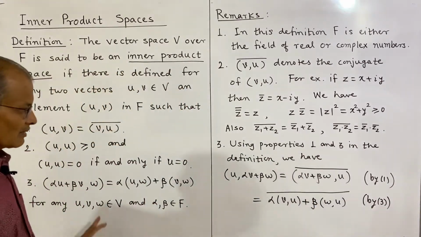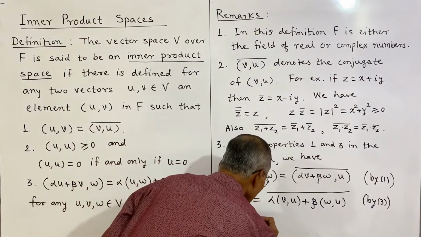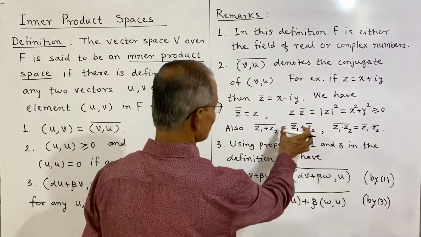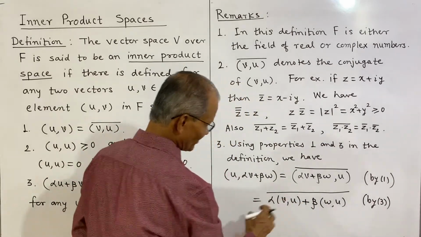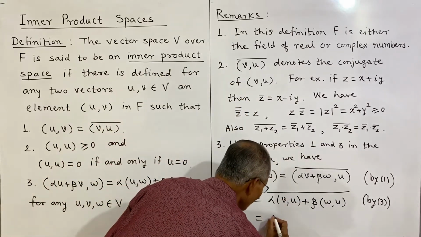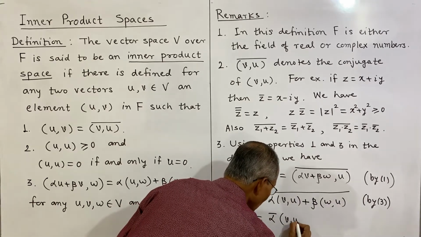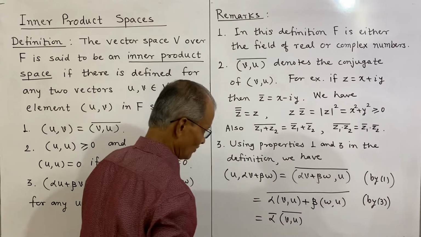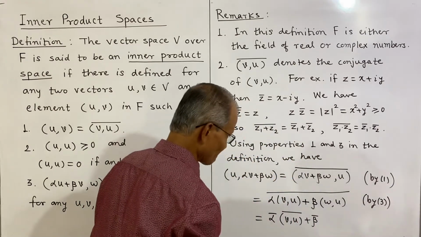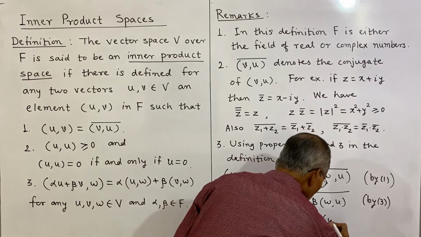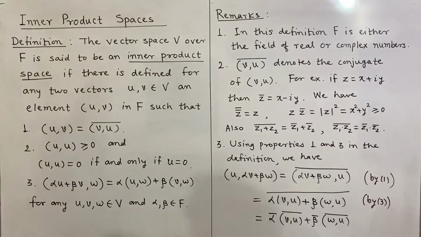The vectors are different here, and now this will be equal to, we use these properties of conjugates. Now we can separate the conjugate, and that will be alpha bar, conjugate of inner product of v and u, plus conjugate of beta, conjugate of inner product of w and u.